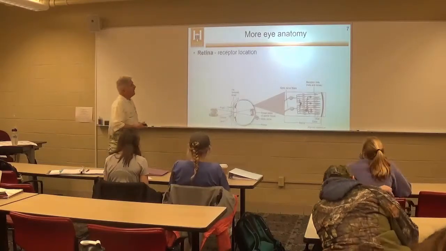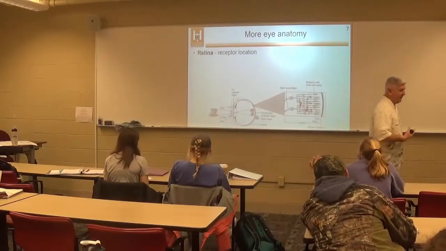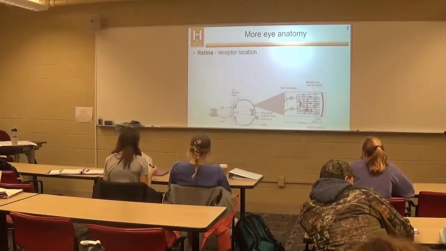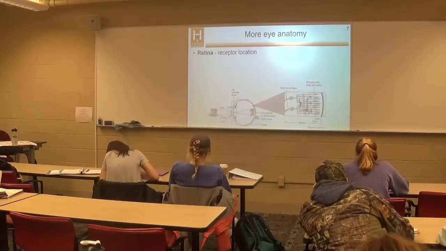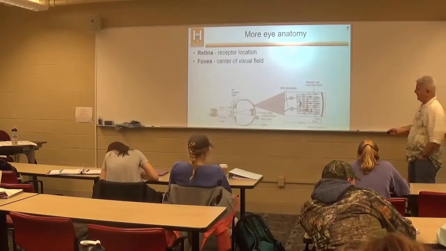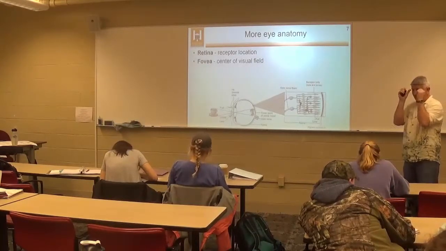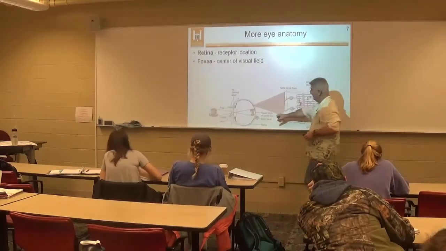Okay, so we're finally getting to where receptors are, which are in the retina. In the retina, back here, if we take a slice of the retina and blow it up and look at these things, we see that there's a center of vision. So when things are directly in front of us, they're being projected on a spot of the retina called the fovea.